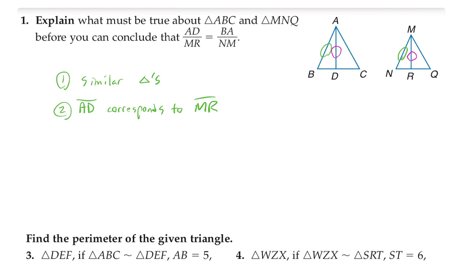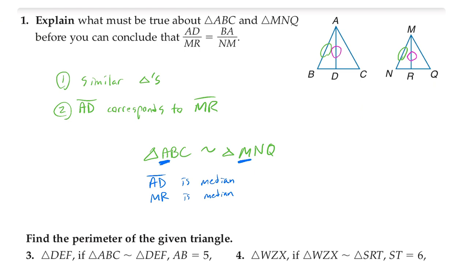So for example, they're given a triangle ABC is similar to triangle MNQ, and then we're told that, for example, AD is the median, okay, and MR is also the median, and we know AD starts at A and MR starts at M, so it's the median from the same corresponding vertex.